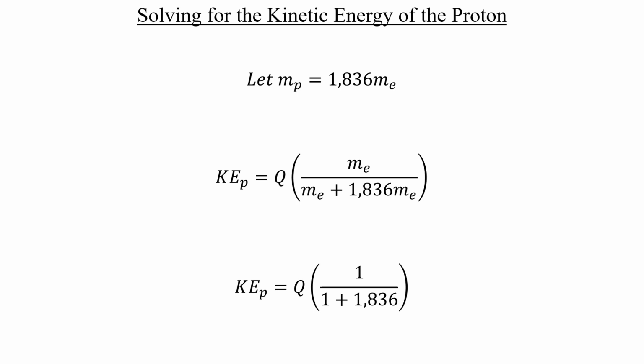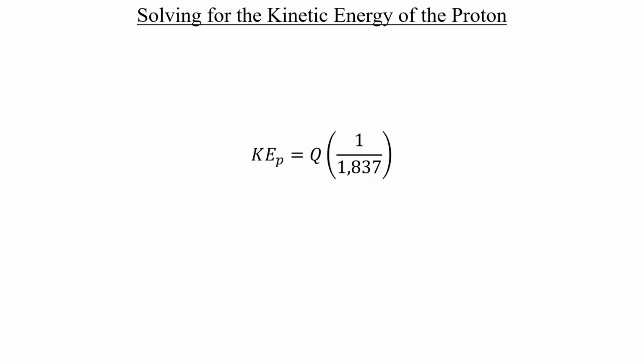Add the values in the denominator, and you'll find that the proton inherits a super tiny amount of the decay energy. Expressed as a percentage, it's a mere 0.0544% of whatever Q happens to be, and the remaining energy is gobbled up by the electron.